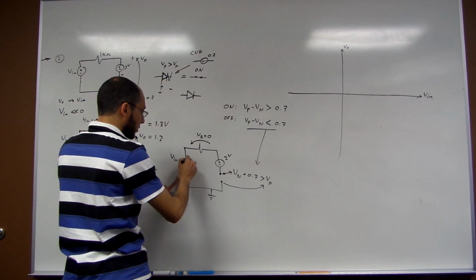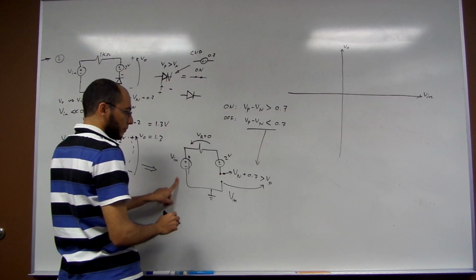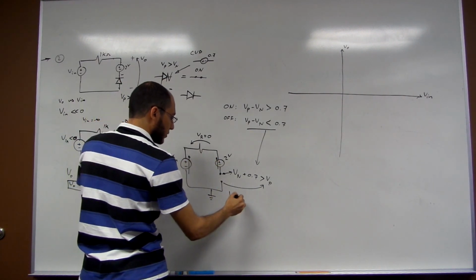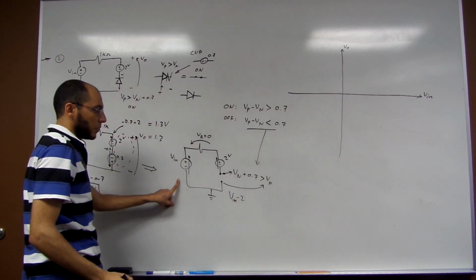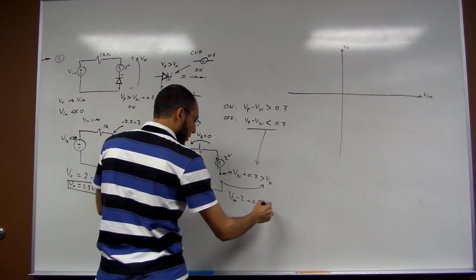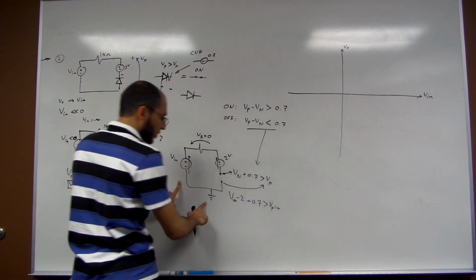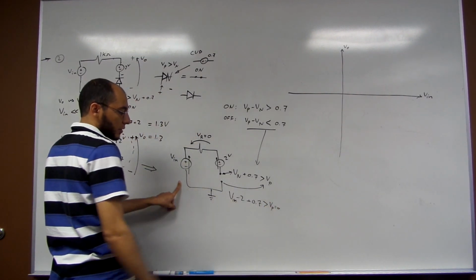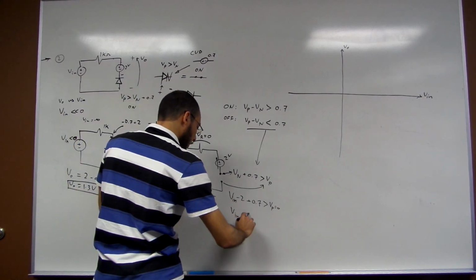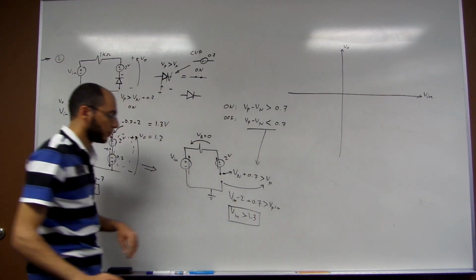Vn is Vin minus 2 volts. Minus 2 volts plus 0.7 has to be larger than Vp, which is equal to 0. Why equal to 0? Because I'm taking this as the reference. So Vin is greater than 1.3 volts. So that is the threshold.